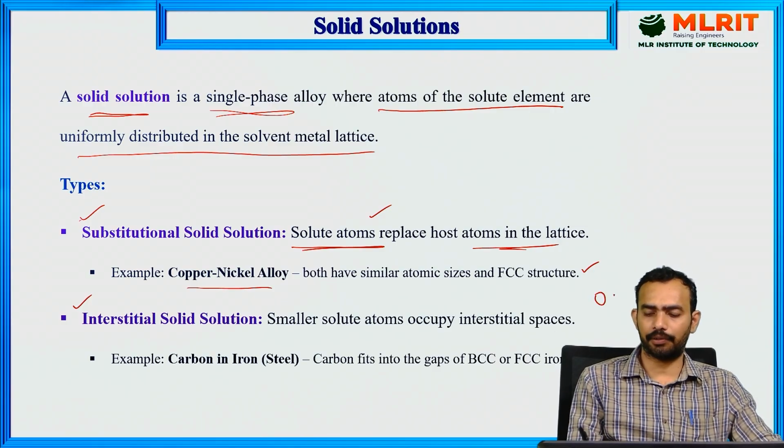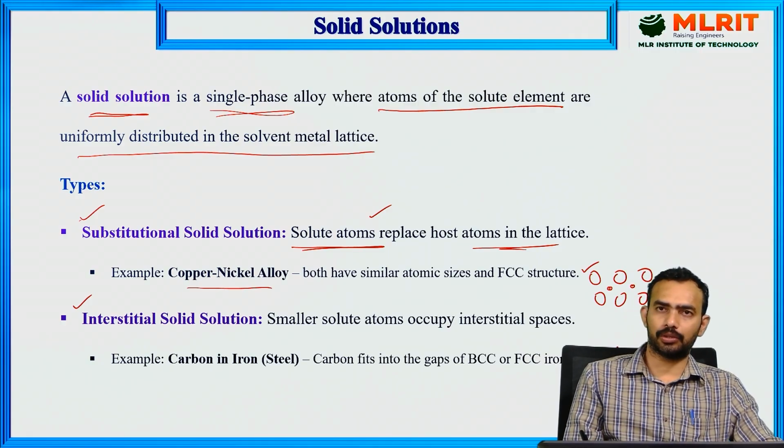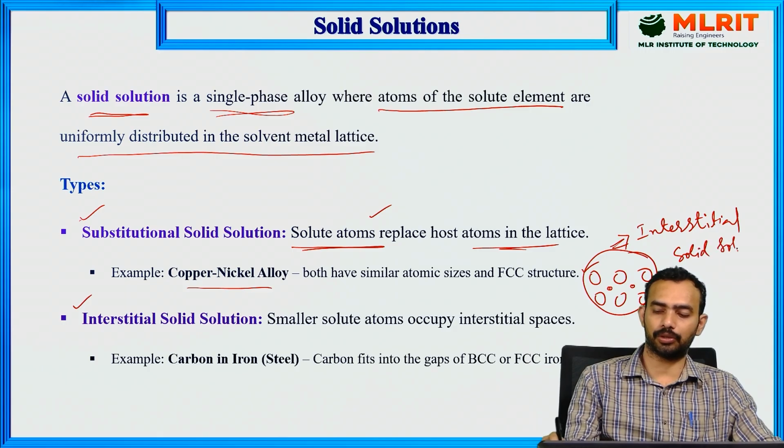If you have the solvent something like this, these are the interstitial sites. These interstitial sites are occupied by the solute atoms, and the solid solution that is created is called an interstitial solid solution.